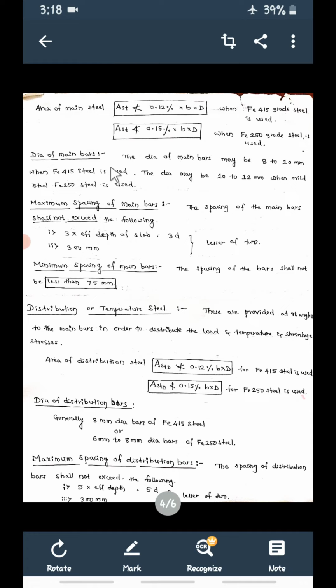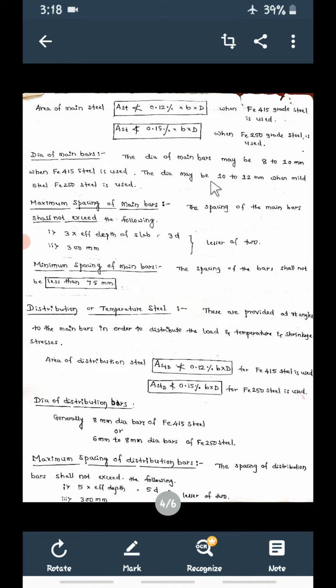The thickness will be less, so lesser diameter of bars will be used in slabs compared to beams. In beams we used 25 mm diameter for the main bars, but here that should not be the case. The diameter of main bars may be 8 to 10 mm. Either you can use 8 mm or 10 mm diameter as main bars when Fe 415 steel is used.